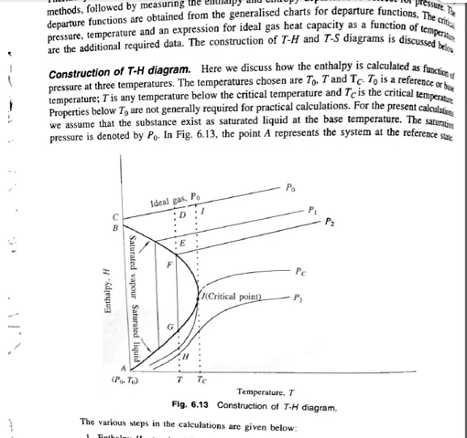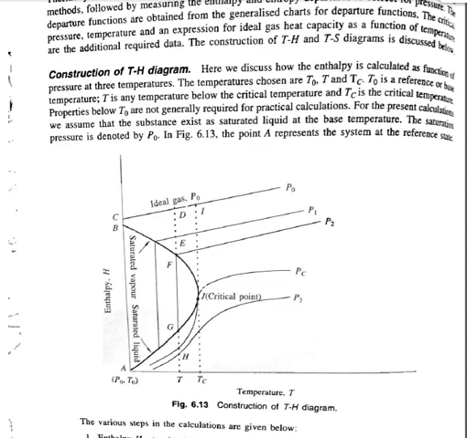As per the construction of the TH diagram, here we discuss how enthalpy is calculated as a function of pressure and at three temperatures. Here we discuss how enthalpy is calculated when it is a function of three temperatures. The temperatures chosen are T0, T and Tc.